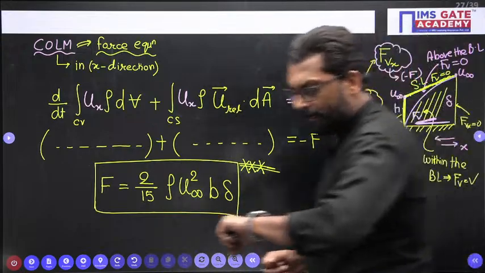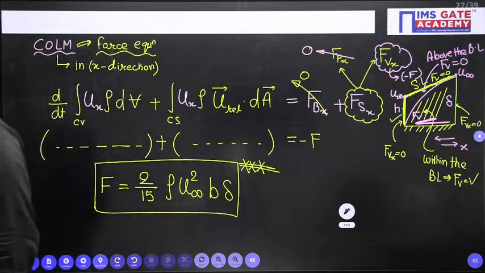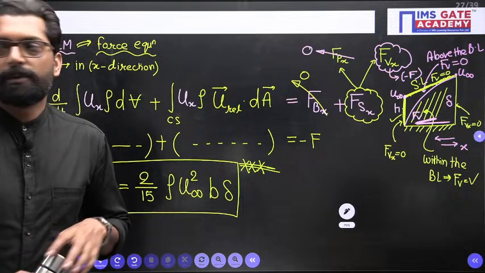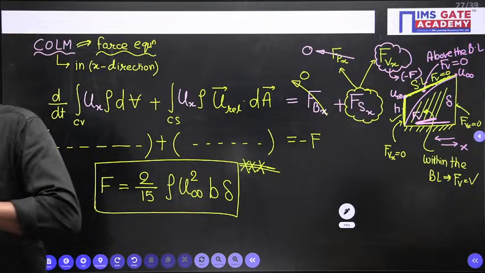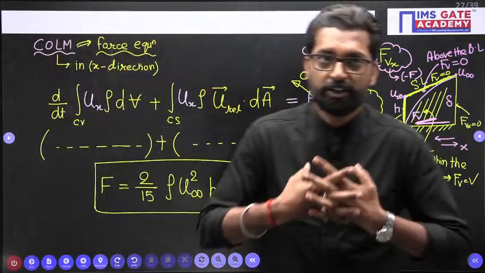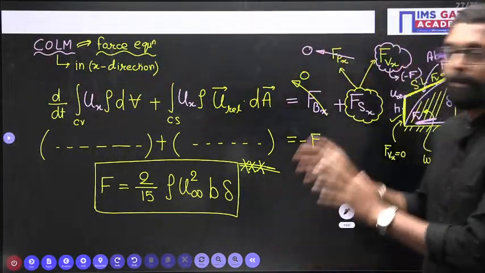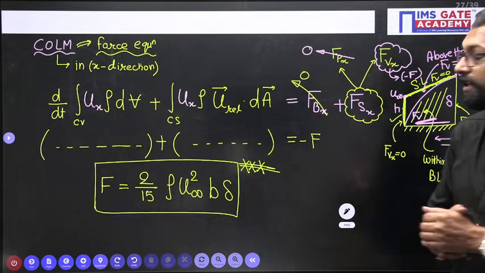So my dear, today I stop the session here. Tomorrow we'll start the session at 6 p.m., starting from here, and we will solve some problems related to the boundary layer.